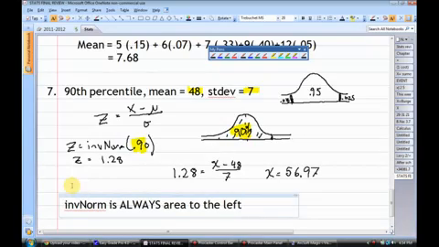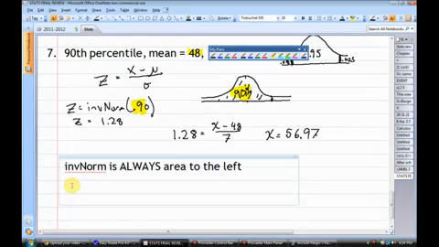Subtract from 1. So you would do the inverse norm of, if it was like the... I understand. So let's just pretend that we wanted to say in the top 6%.